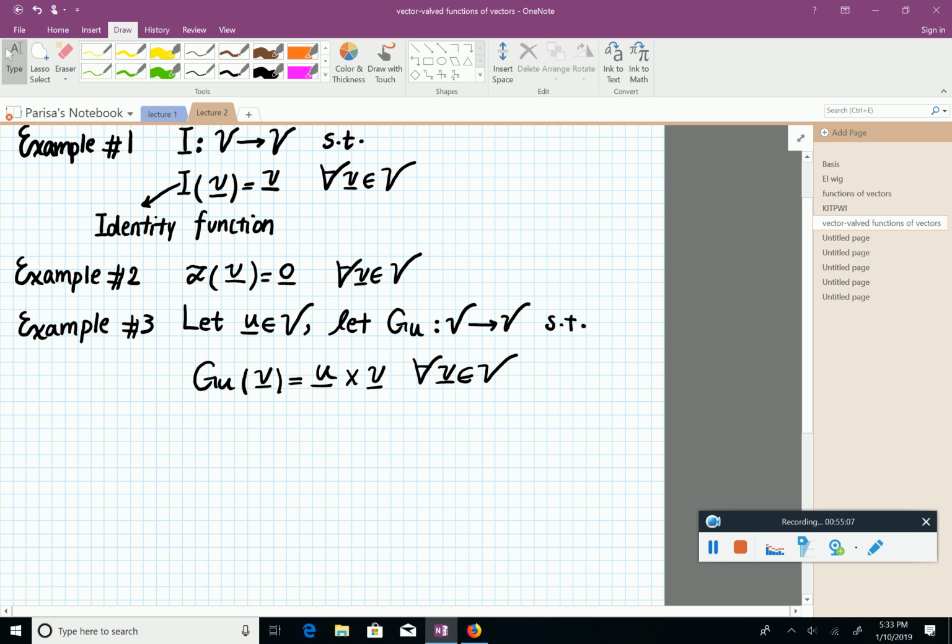So when I think Roy mentioned momentum, right? So momentum, if you remember, you basically cross product position and force, right? That could be an example of that. You are taking one vector, you are cross producting, getting another vector. It's a function.